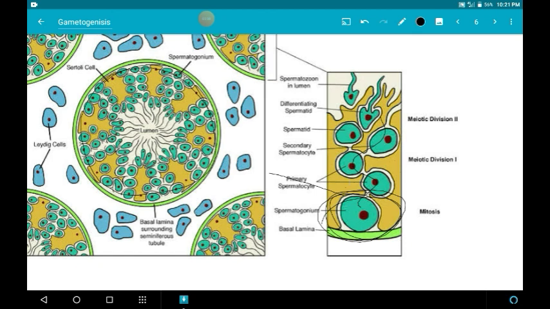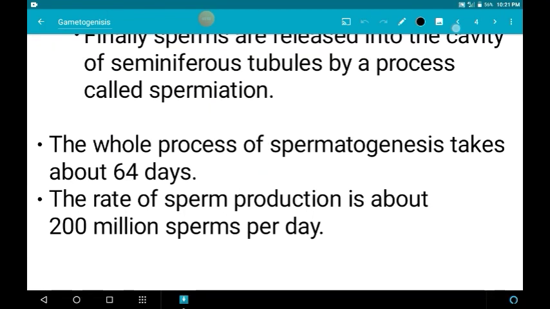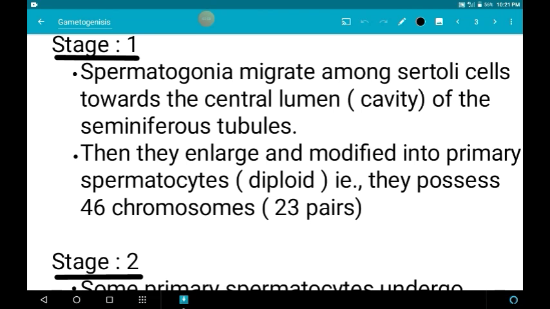It will move towards the lumen of the seminiferous tubule. After it migrates among the Sertoli cells, the spermatogonic cell starts to enlarge, grows, and is modified into a primary spermatocyte.